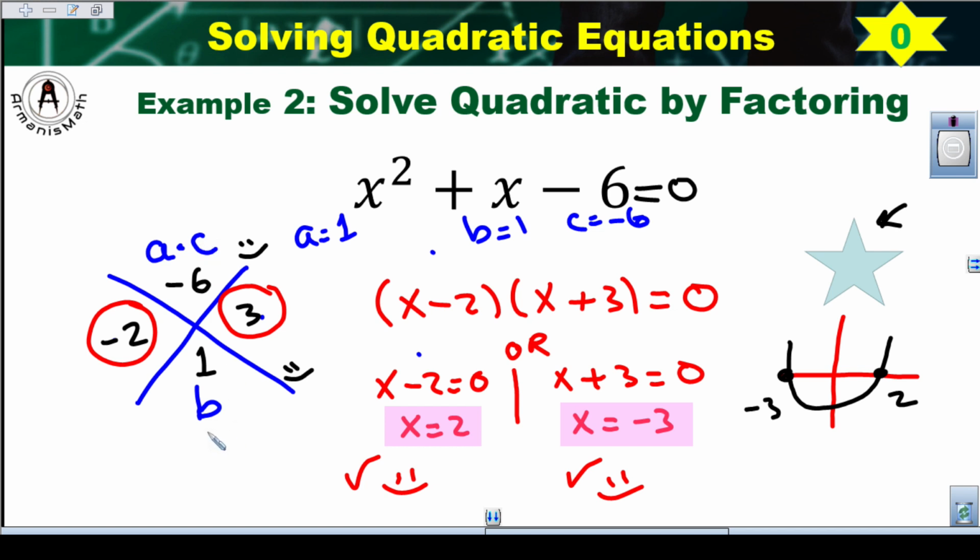B is the basement at the bottom, and I just multiply a times c. Whatever my a value is, that's 1, times c is negative 6. So that's what I put at the top. Put the b at the bottom, and then figure out two numbers to get you there. Once I'm there, I'm going to put that into factors form, and then from there I'm going to solve each one of them. Once I finish, I have to check it back.